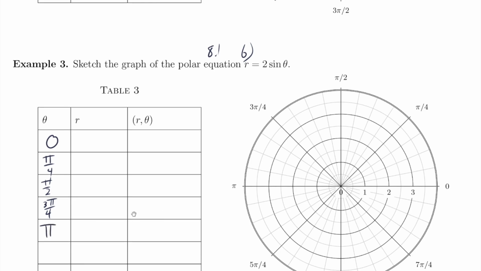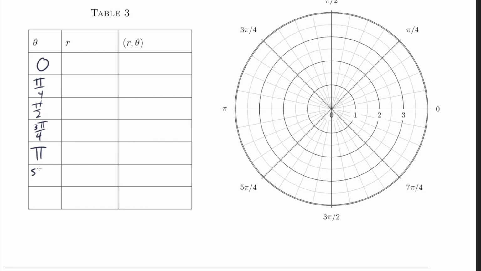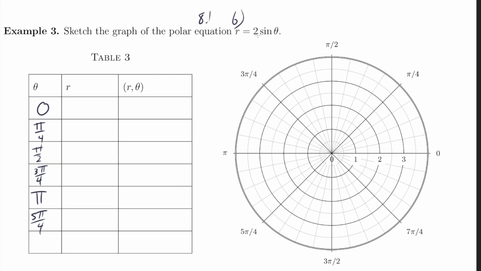And then we'll look at what happens at 5 pi over 4. That should be enough to get what's going on here. So when theta is 0, sine of theta is 0, so 2 times 0 is 0.